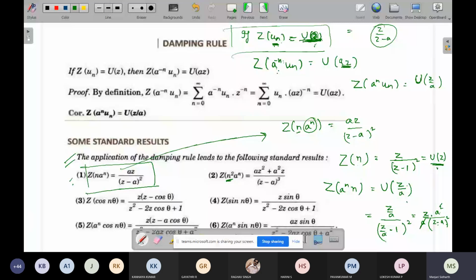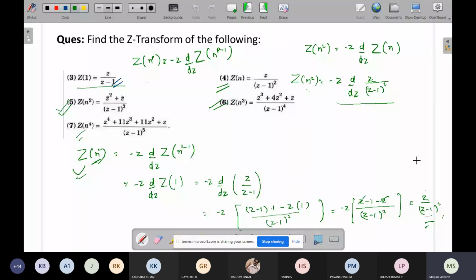Similarly, use the z transform of n square formula here. I think it is z plus z square over cube. Let me check: z square plus z over (z minus 1) whole cube. Yes.